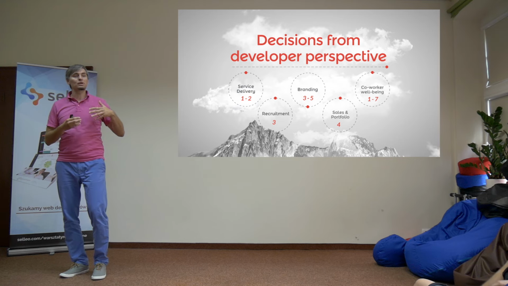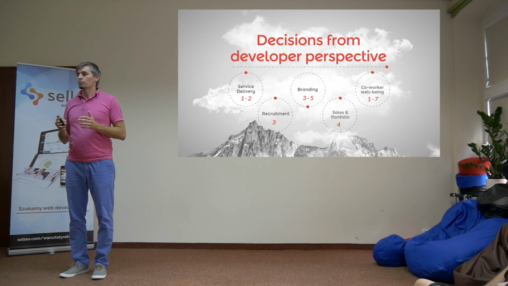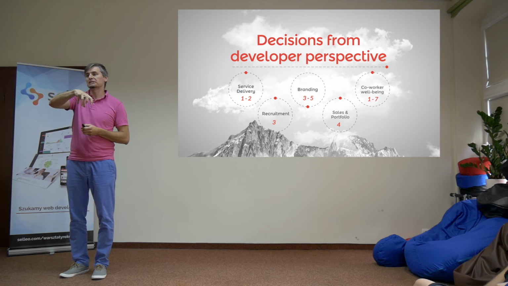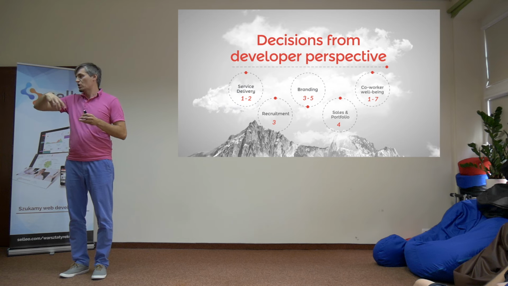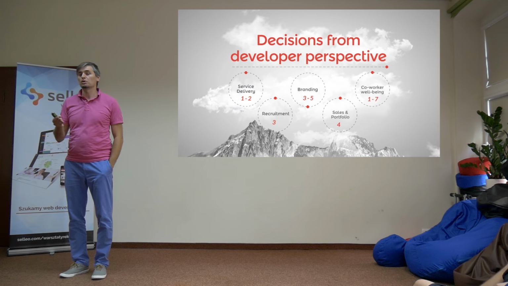Then we have, for example, the recruitment circle. As you know, in our process, there is a kind of workshop when the candidates who want to work at Selleo and our developers work together. And then there is a discussion about who we are going to take to Selleo, who we would like to hire.